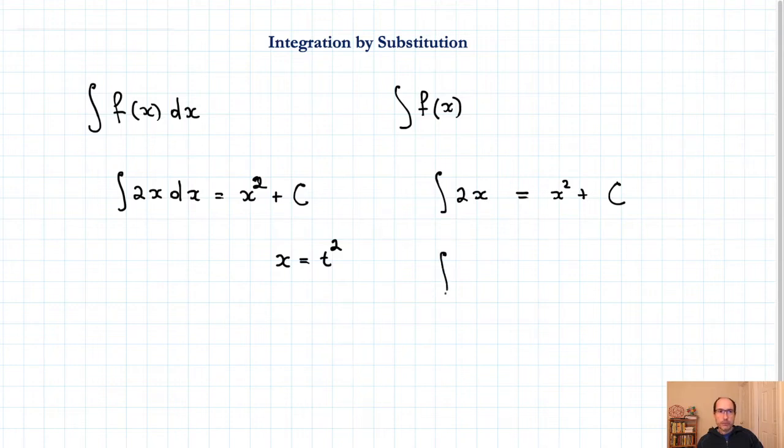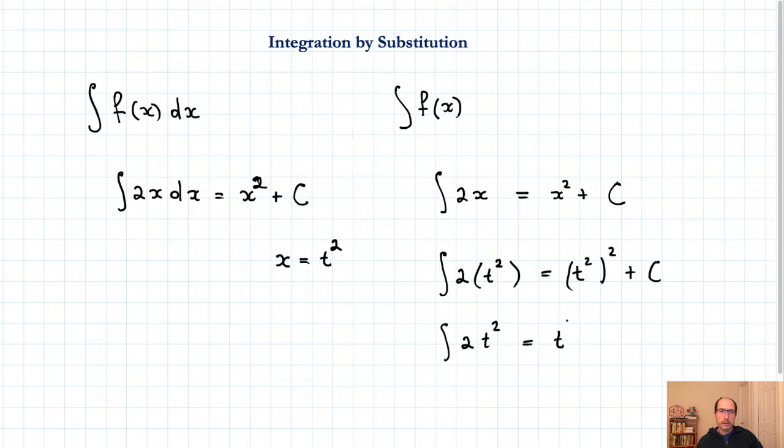We replace x with t squared everywhere we see it. That gives us integral of 2t squared equals t squared squared plus c. If I simplify the right hand side, we get that the integral of 2t squared equals t to the fourth plus a constant of integration c.